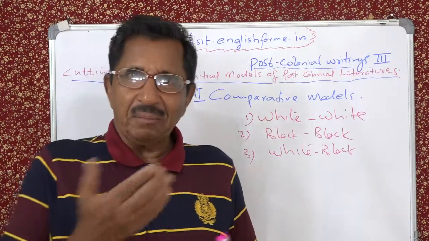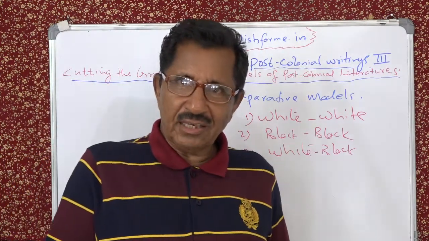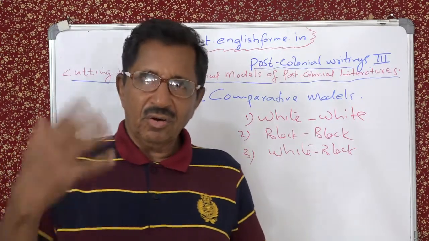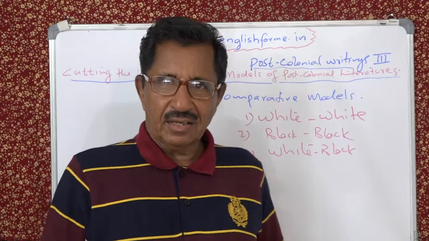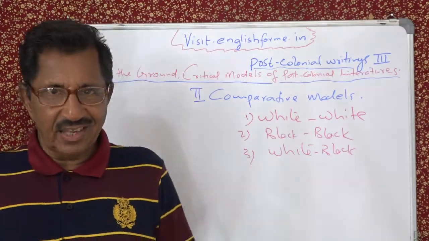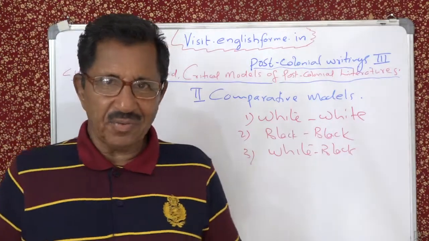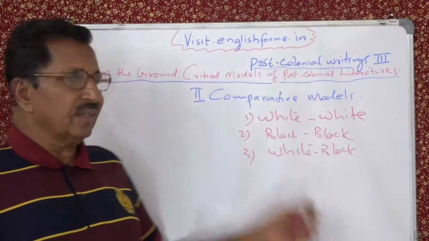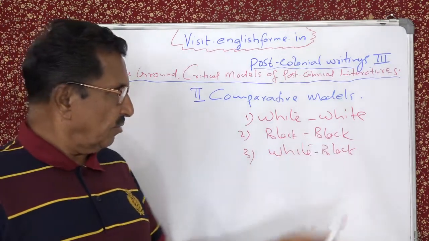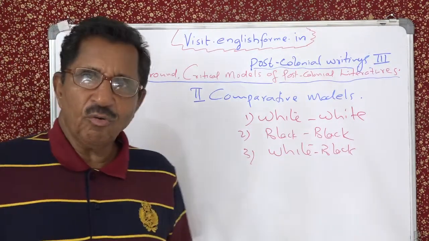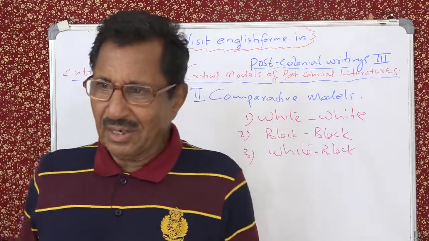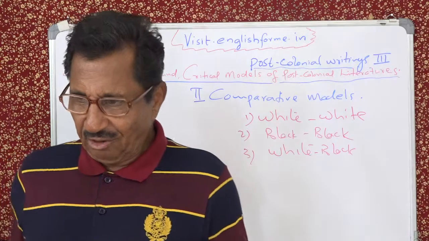Understand? Or black writings in the USA with the New Zealand. Or Australian with the Kenyan. Like this. I hope you understand. So within this you have the three models of comparison: white, black, and white-black. These are the three principal types of comparison that you find.